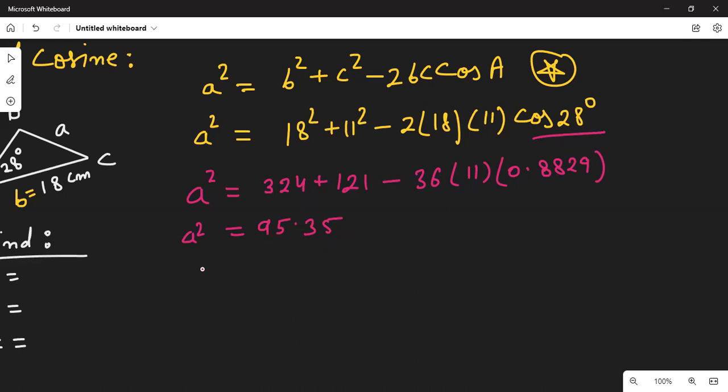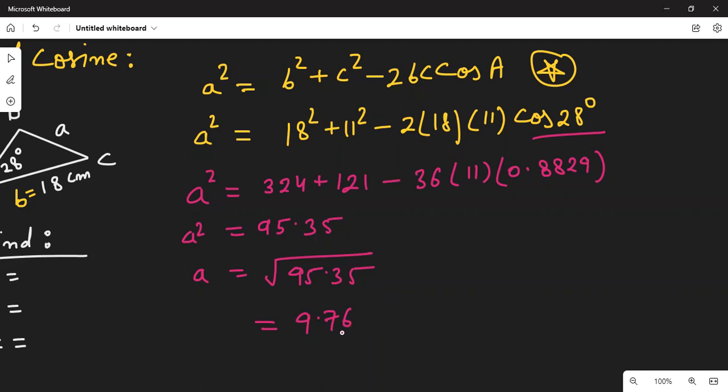Now, you want to find A, so your A would be the square root of 95.35. Use your calculator to find this square root, and yeah, let's do it. Square root of 95.35 is going to be 9.76 and keeps coming.